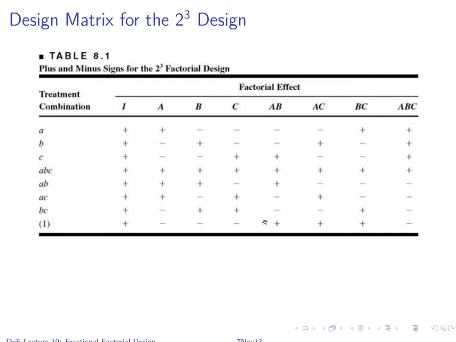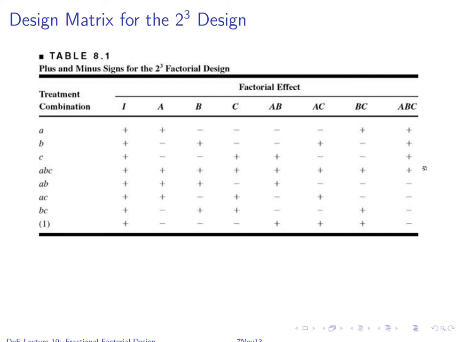Now we refer to ABC, the product of ABC, as the defining relationship for the fractional factorial design, and the experimental runs that we select for the 1/2 fraction of this 2 to the 3 design are the 4 experimental runs, remember that's 1/2 of the 8, where the defining relation ABC is positive, and that happens to be the first 4 runs, these, as I'm circling, as you can see.